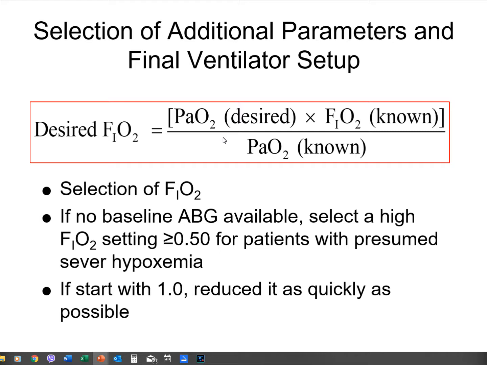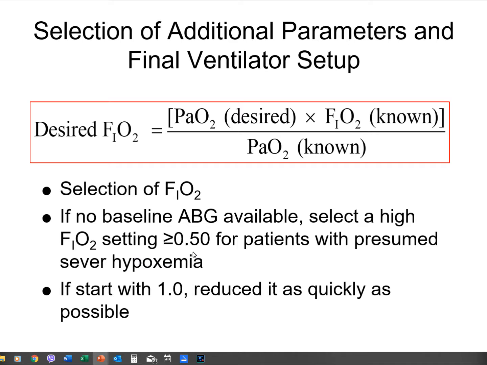If I had a PaO2 of 50, maybe I can push for 65, and I can set my FiO2 based on that. Right when it hits that point, you do the blood gas, then we can move up or down on the FiO2 depending on if the PaO2 has been reached.